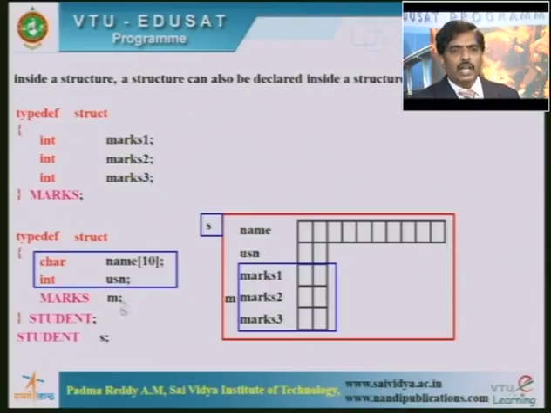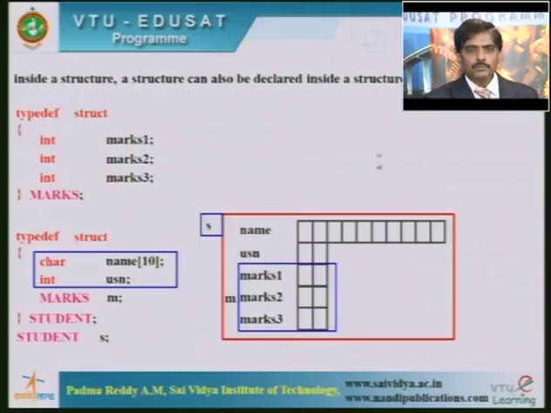So here, as we declare two variables, name and USN, of type char and of type integer, we can use one more variable m, which is of type what? Marks. So as we declare variables inside a structure, a structure can also be declared inside another structure. This is called what? Nested structure. So this is a structure which is defined inside this structure.